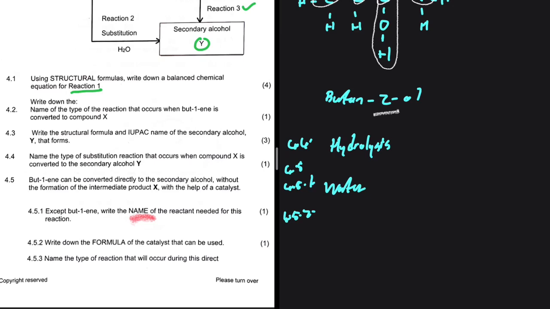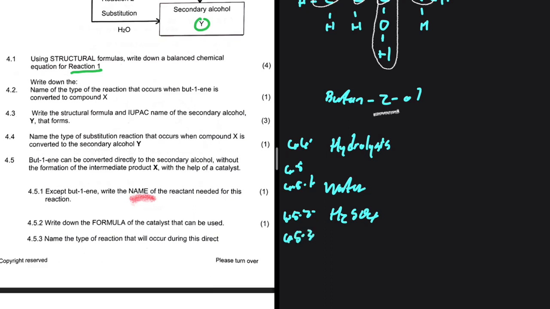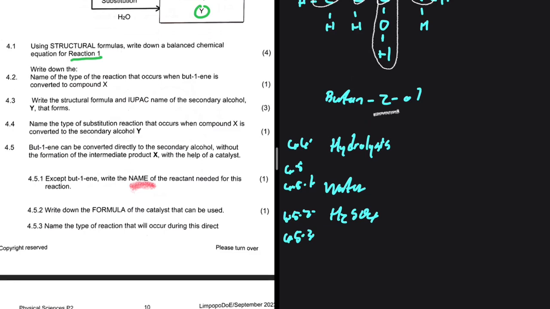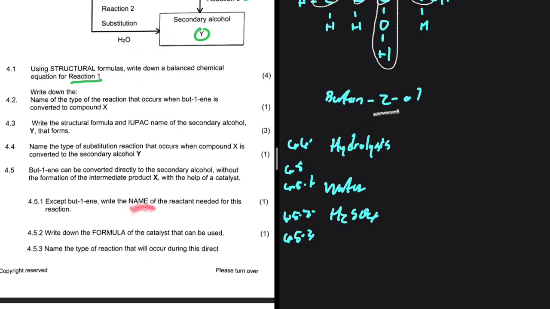If you write sulfuric acid, your answer is wrong. The question says formula, so you're supposed to write H2SO4. And 4.5.3. Name the type of reaction that will occur during this direct conversion. It's 2 marks for one question because the same question is getting asked in 4.2. The type of reaction that will occur is addition.